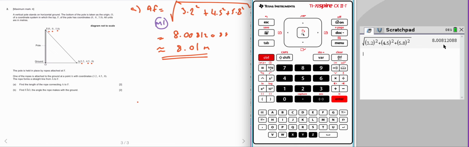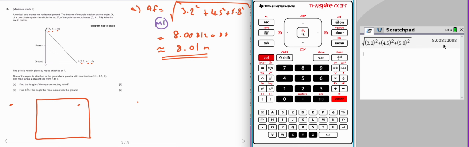Find angle FAO, the angle the rope makes with the ground. Okay, so now we just have to think a little bit differently. And what I'm going to do is represent that through a picture down here. If I look at the flagpole looking down at the ground, I'm going to imagine that the ground is a flat area.